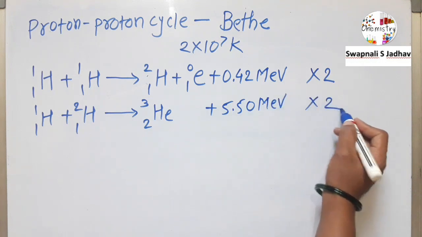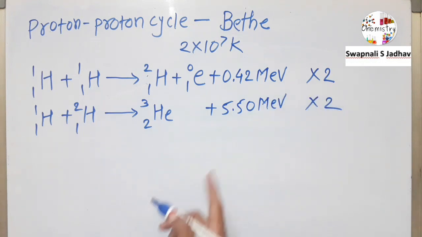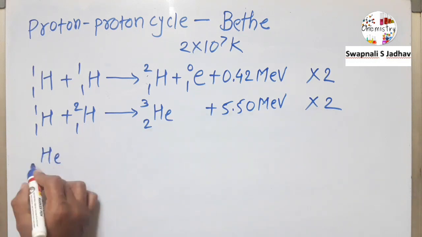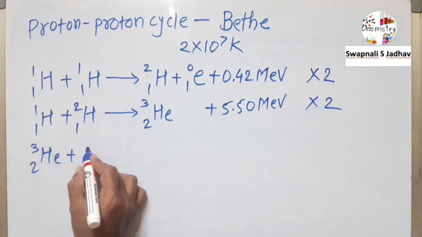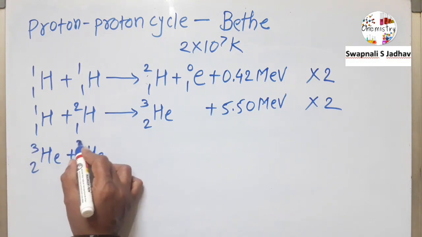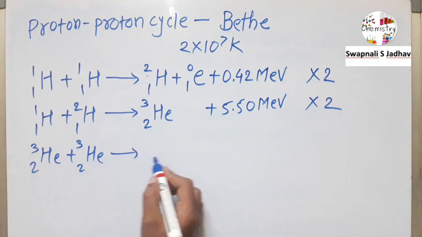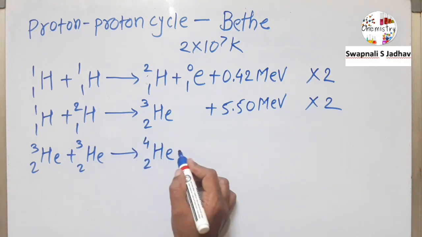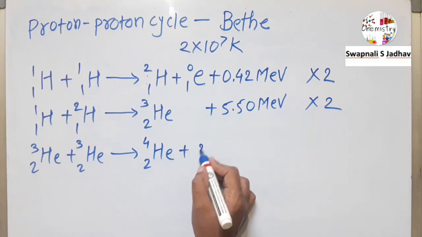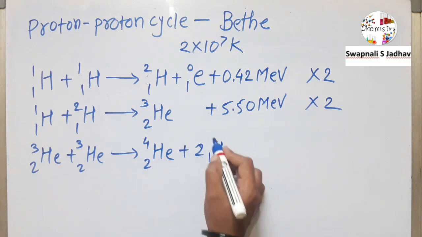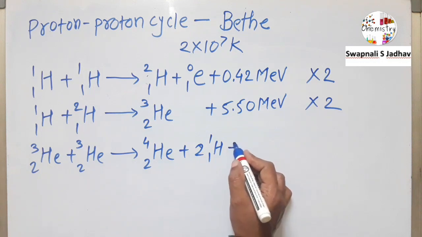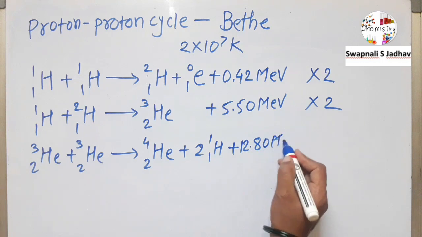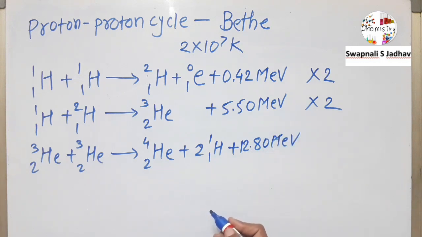This is also 2 times. Okay, then what happened? That 2 He23 plus He23, they form helium nuclei He24 plus 2 proton H11 plus liberation of 12.80 million electron volt energy.